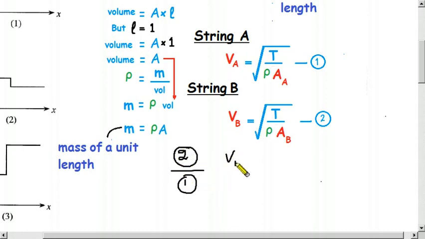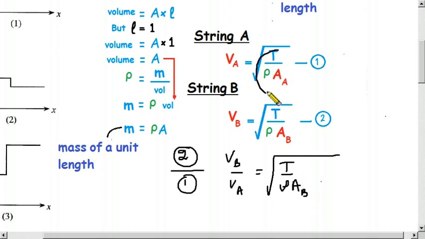Then we get VB divided by VA equals, since the root is common, T divided by rho A of B, small b, divided by this thing. You have to multiply after inverting: rho A of A comes up the line, then T below the line.